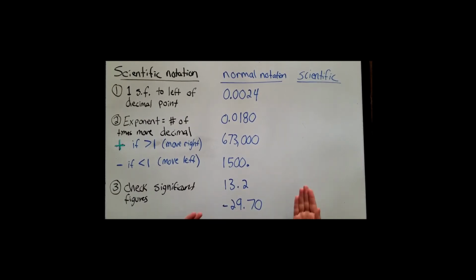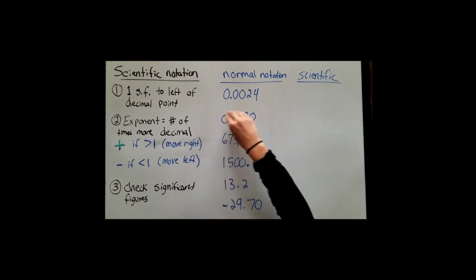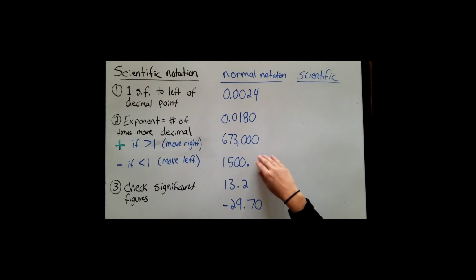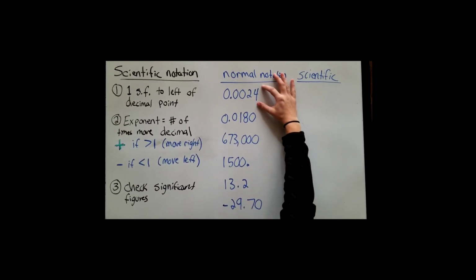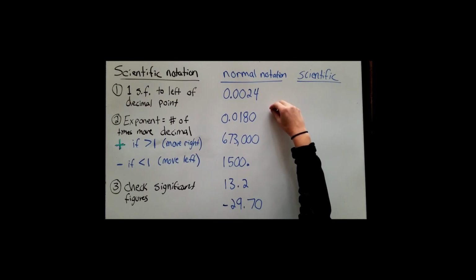I count my significant figures first because once I start moving decimal points around and changing things, I'm going to lose track of what my original number looked like. And then that might confuse me as to how many significant figures my original number had. So by counting the significant figures first, I avoid that confusion.